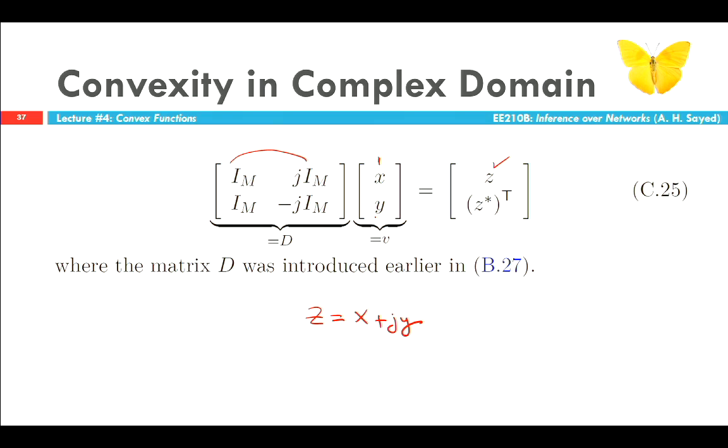So this is just a convenient way. If you remember, I called the vector that collects Z and Z star on top of each other U, and the vector that collects x and y on top of each other V. All this is saying is that the transformation is invertible, because if you remember, D star D was 2 times I.